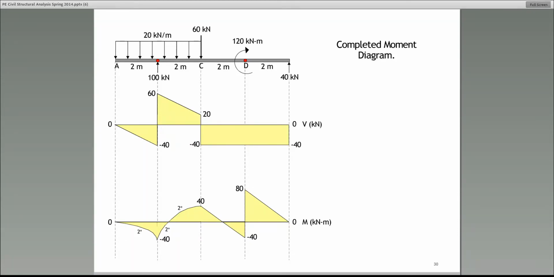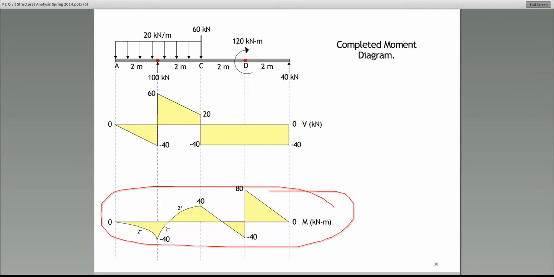Let me ask you a question. They may give you this moment diagram and ask you, what is the maximum moment in this beam? So tell me, if I give you this moment diagram and I ask you, please tell me what is the maximum moment, what would you say? Okay, 80 kilonewton.